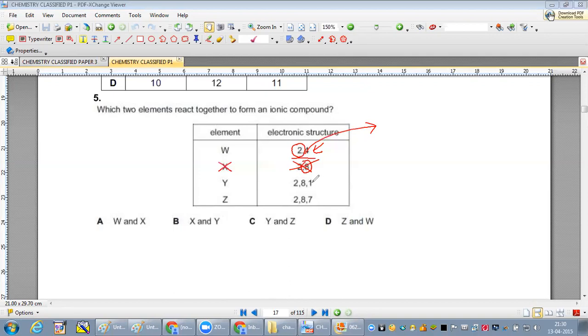Instead, 1 electron can be transferred from here to here, because only 1 electron is there in the outermost orbit, so it can give away this 1 electron. If this atom gains 1 electron, it can acquire the octet state by having 8 electrons in this orbit. So 1 electron can be transferred from Y to Z. With this transfer of electrons, Y and Z will be forming an ionic compound.